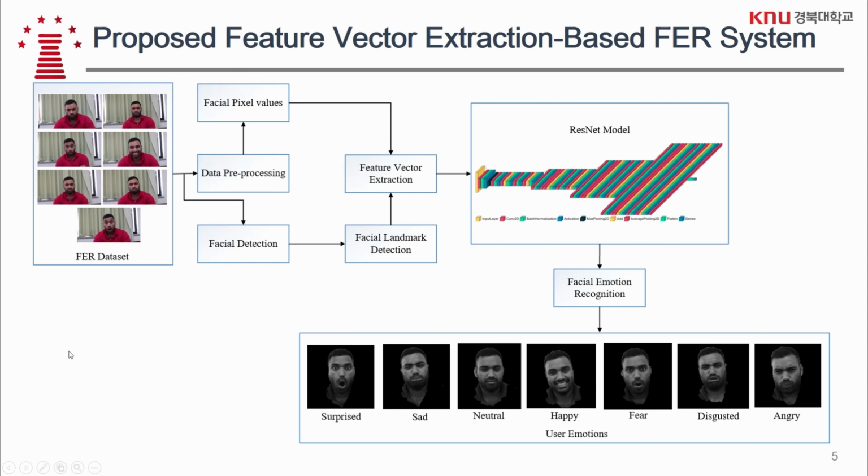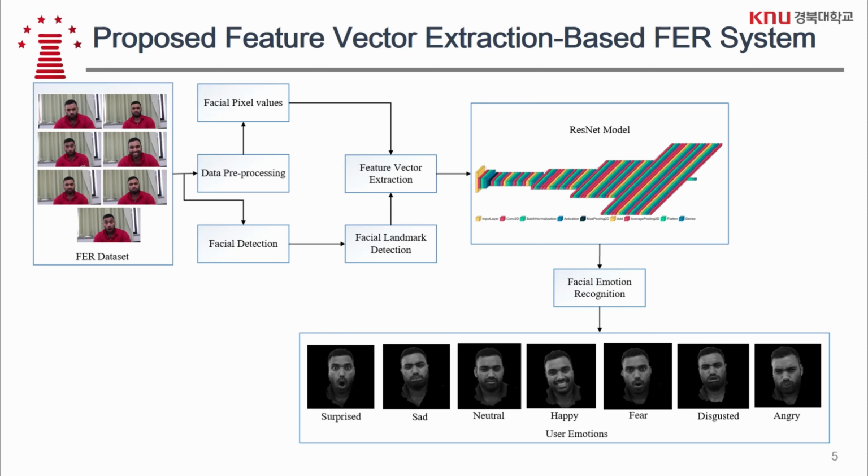So here is our proposed feature vector extraction based FER system. We start with our FER dataset, and from the FER dataset we do the data pre-processing. The key idea of our proposed system is we extract the facial landmark and the raw pixel values. We do foreground extraction techniques on our raw images, remove the background noise and extract all the facial images, and also we add the facial landmark information.